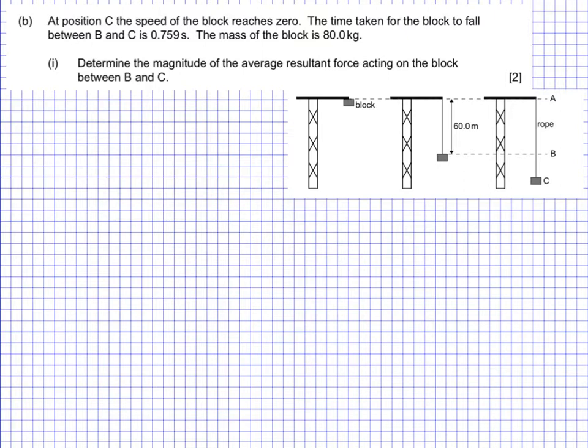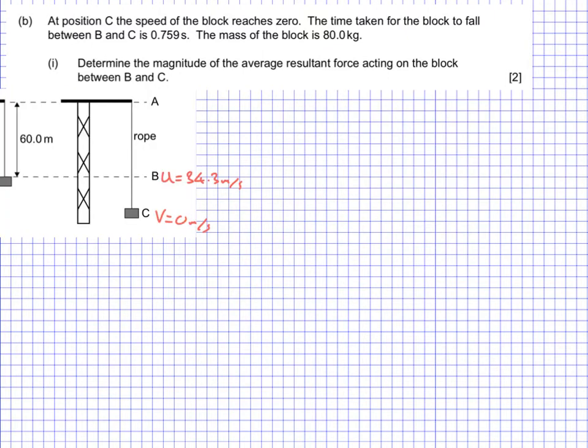Okay, so for part B, we're asked to consider the position C. So just to recap on our situation, the block has fallen in free fall from A to B, and we previously calculated the speed at B. It's then moved from position B to C, at which point the elastic has started to apply a force to the block, such that at position C, the velocity equals 0. So just to add in some detail here, I've just moved it over so we can see a bit clearer.